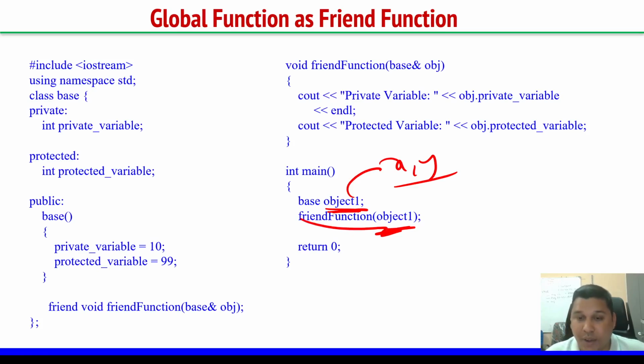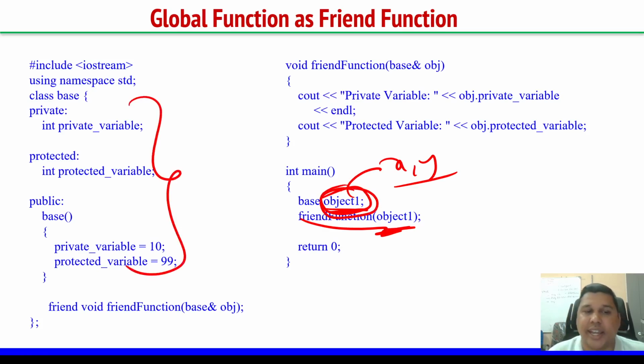Object 1 has the privilege to access everything of this class, based on some rules.